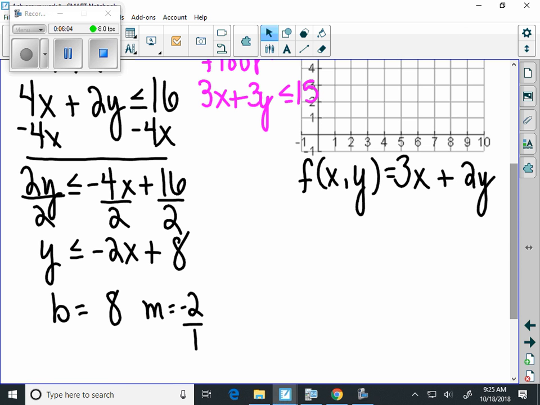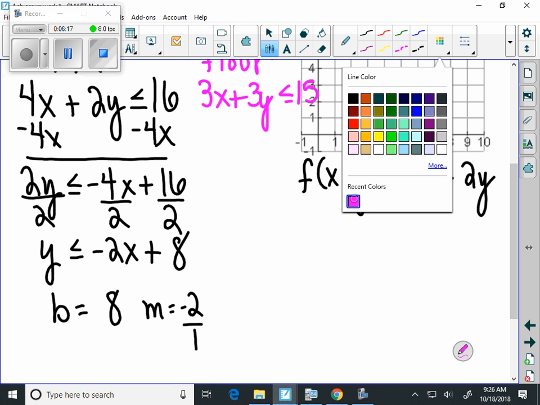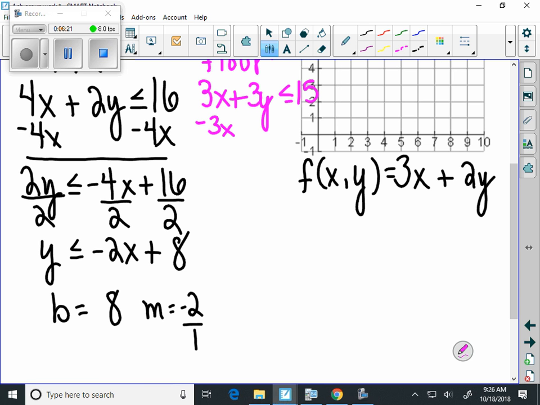When we look at our pinkish-purple equation, we need to put that one into slope-intercept form. In fact, we've done the hard part because we've written all the inequalities. Hopefully, now this is a little bit more familiar to you. We subtract 3x from both sides, and we get 3y is less than or equal to negative 3x plus 15.